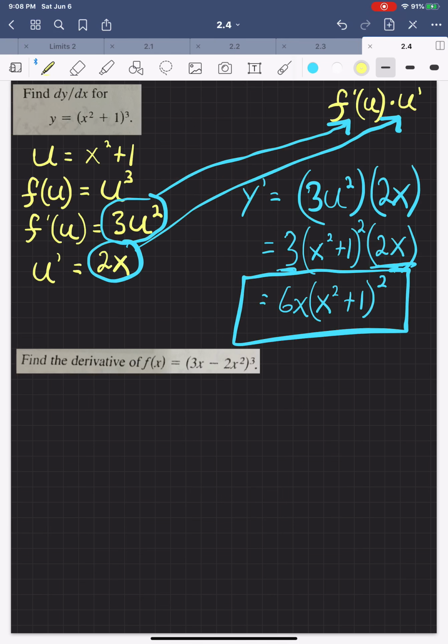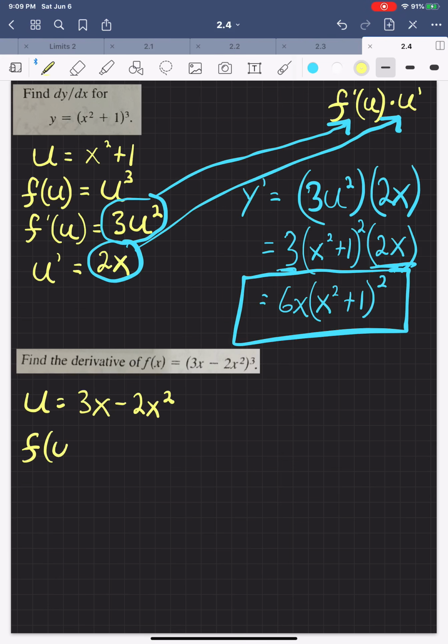So let's begin. We want to take the derivative. I'm recognizing that this is going to be a chain rule. I can't stress enough that you want to be able to recognize when to use a chain rule. So I'm going to allow u to be 3x minus 2x squared. And now I'm going to plug a u wherever I see a 3x minus 2x squared.